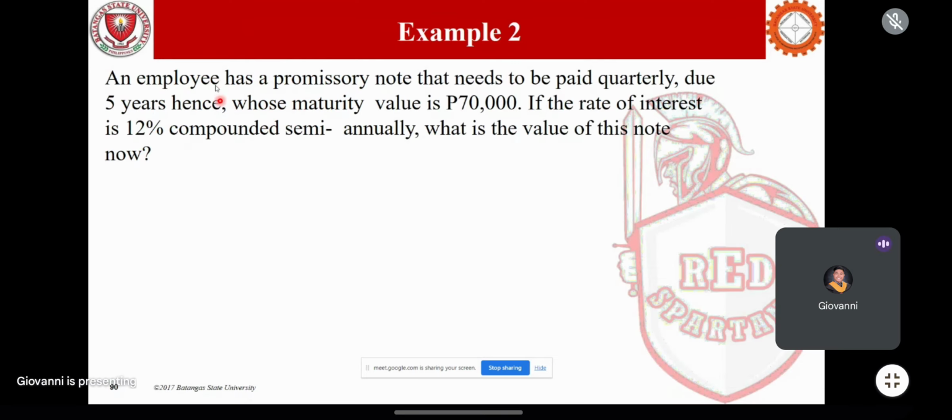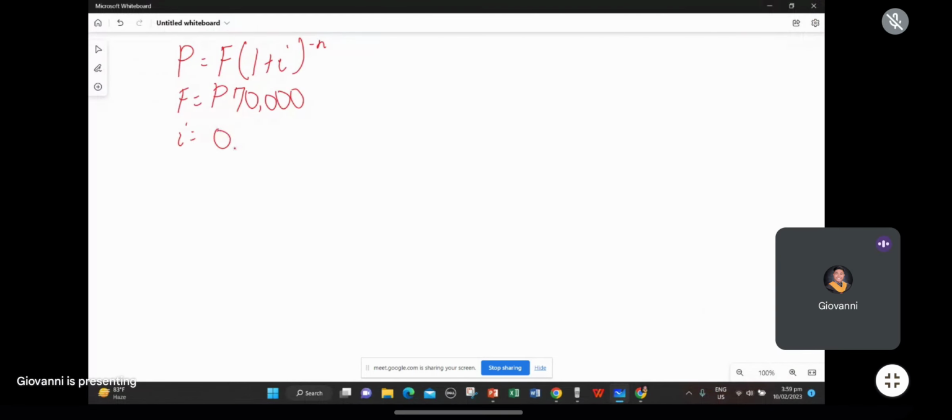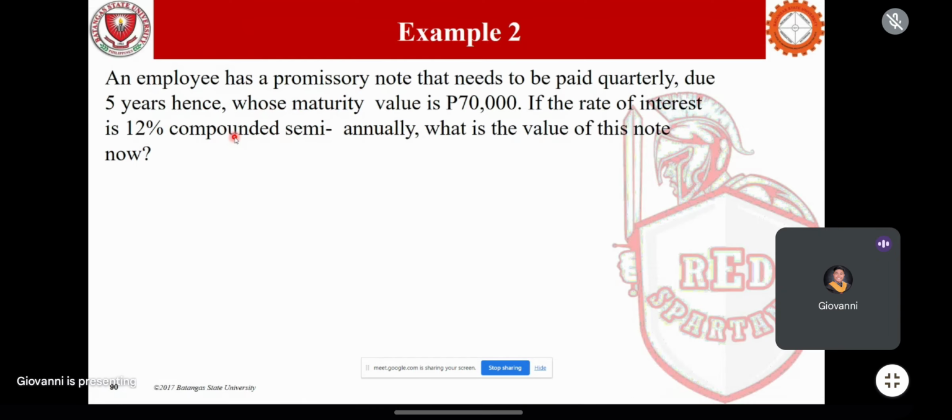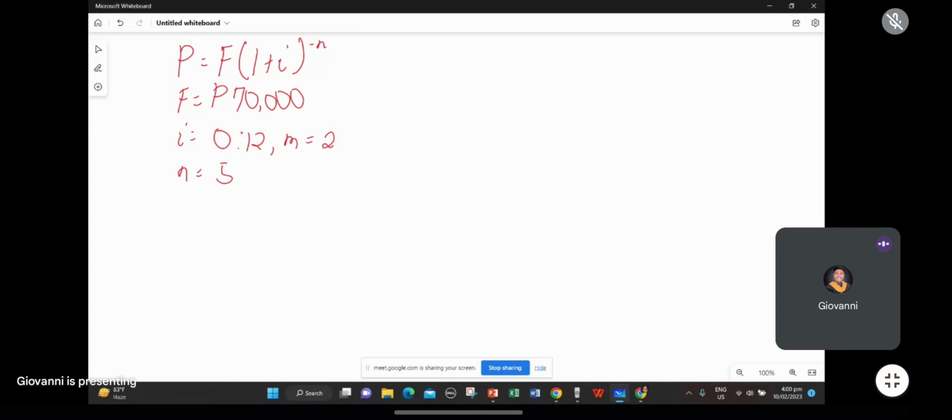I natin, so we have 0.12, compounded semi-annually, so meaning siya ay 2. Yan ang m natin. Maturity value daw is 5 years. Okay. So getting for our P, so P is equals to 70,000 times (1 plus 0.12 over 2) raised to negative 2 times 5. Yan na ating P.